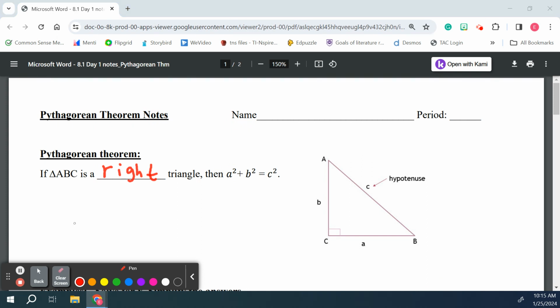In fact, if you want to, the notes are already there. If you want to do this on Kami, you're more than welcome to do it on Kami as well. It's up to you. You would just have to load it into Kami. That's all. Okay? How about we do that?